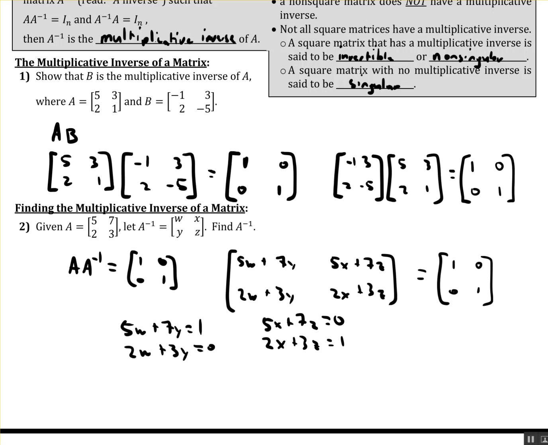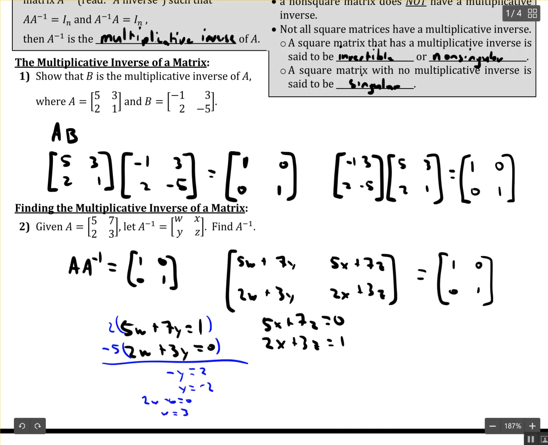Let's multiply this one by -5 and this one by 2, and add them together. When I do that, the W's cancel, and I get 14 minus 15 gets me negative Y, equals 2. So I get Y equals negative 2. From that, let's plug it back in. I get 2W minus 6 equals 0, so W equals 3. Let's do the same thing here: this one times 2, this one times negative 5.